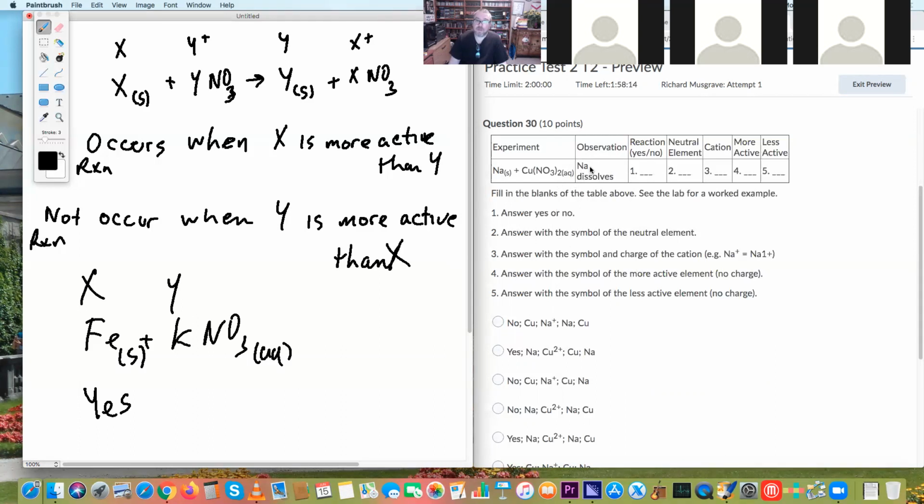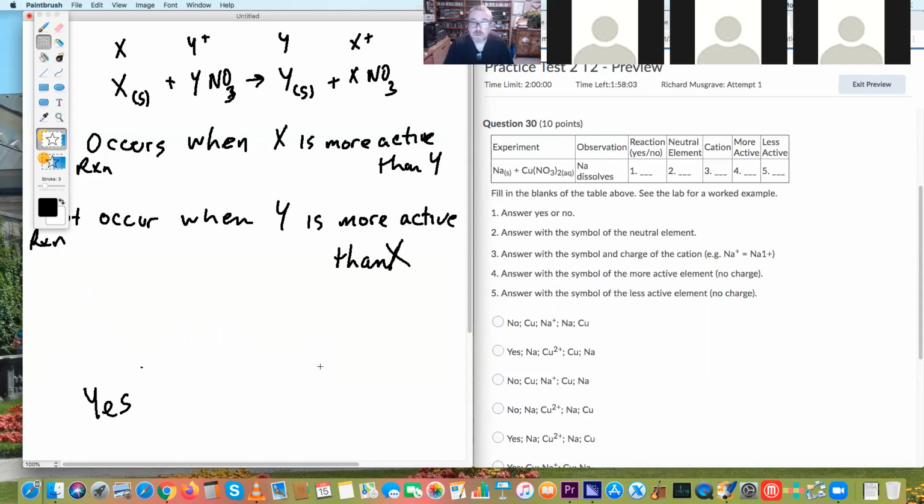Okay. Now the neutral element, what do you think that is for this reaction we're looking at? Would it be Na? Yeah, that's right. So Na is the neutral. What's the cation? The cation would be Cu. Yeah, and we'll make it 2+ because there's 2 nitrates.